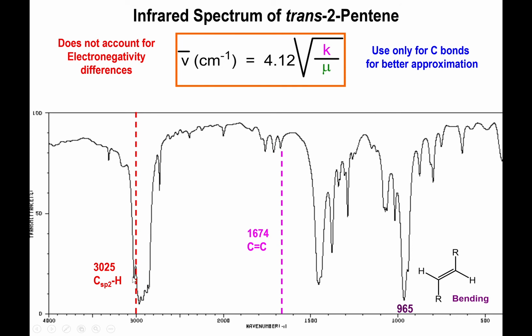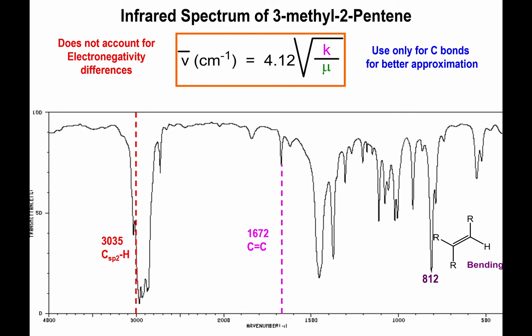We still see that peak slightly above 3000, which represents the CH bond on an sp2 hybridized carbon, so that's still there. But getting on to an alkene that contains 4 alkyl groups bound to it and only 1 hydrogen, what you do see is that the carbon-carbon double bond is still showing up with very weak intensity.